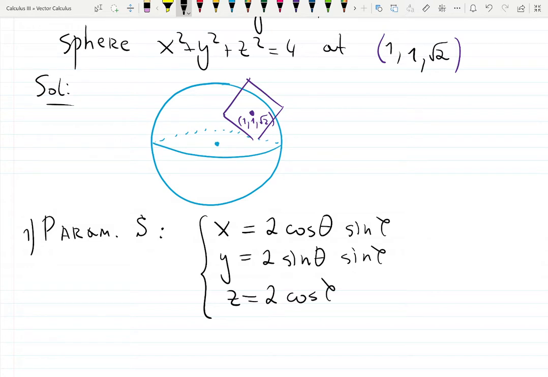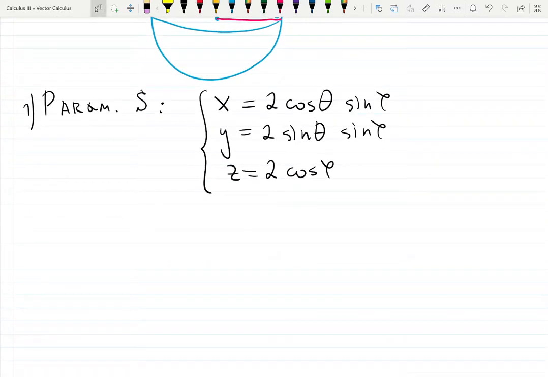I remember. Why is it 2? Because the radius is the square root of 4, which is 2. And there's no shift, as you can see, x squared plus y squared plus z squared, so there's no shift in the center. So the parametrization will be from here.